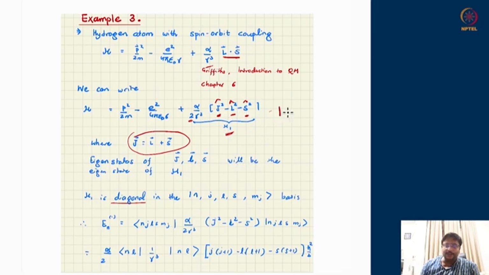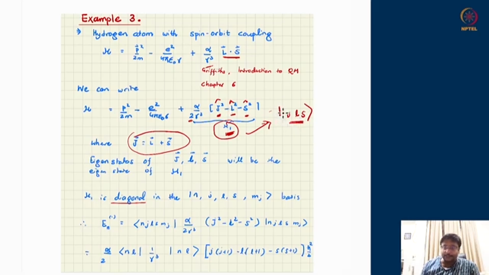So therefore, if I can choose the state in a basis where I have J, L and S, then I know this will be the eigenstate of the Hamiltonian. Eigenstate of the Hamiltonian meaning perturbation Hamiltonian. This will be an eigenstate of the perturbation Hamiltonian as well.